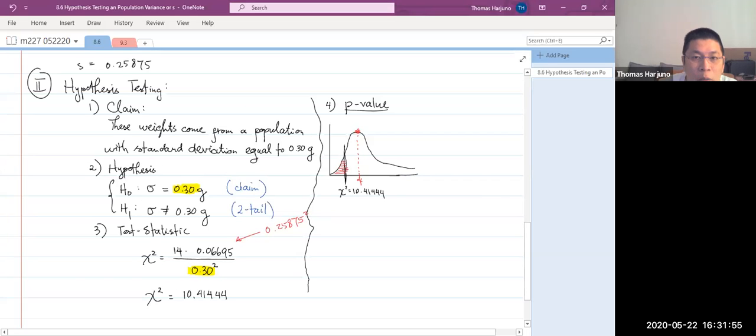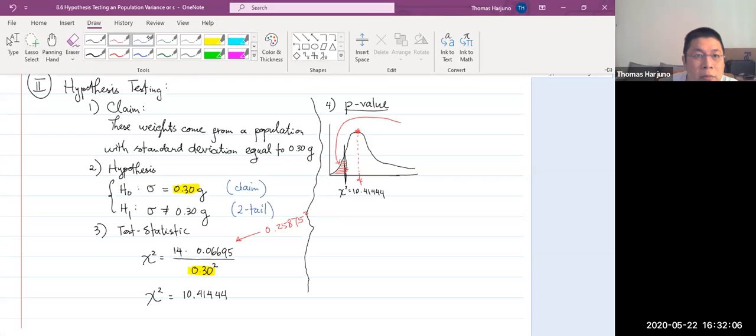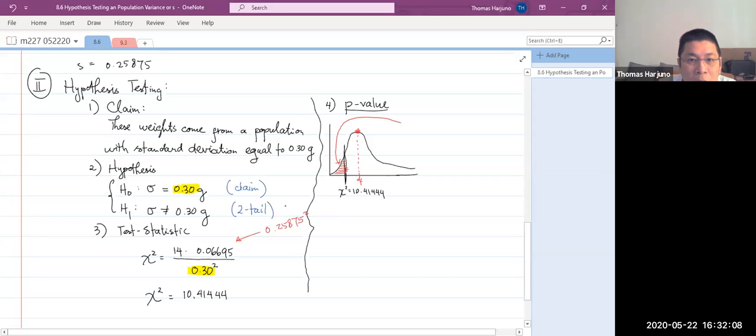That's the one-tailed p-value. But at the same time, because this is two-tailed, I will multiply that by 2.